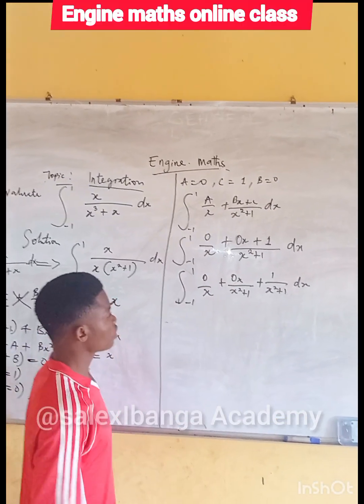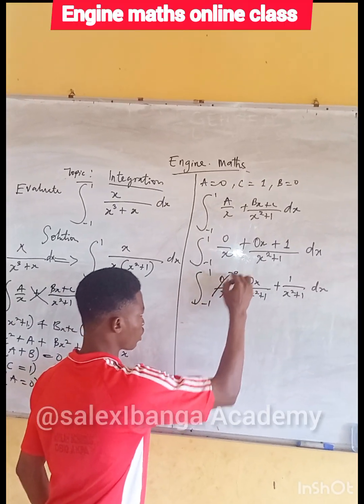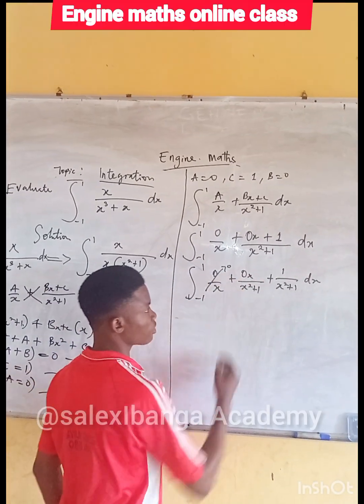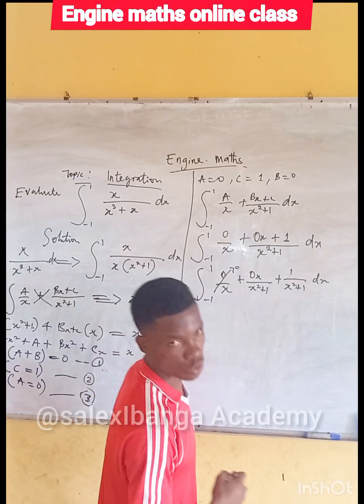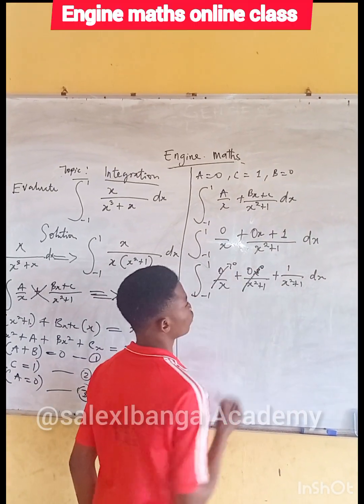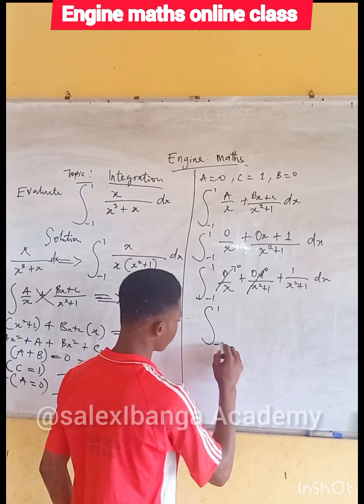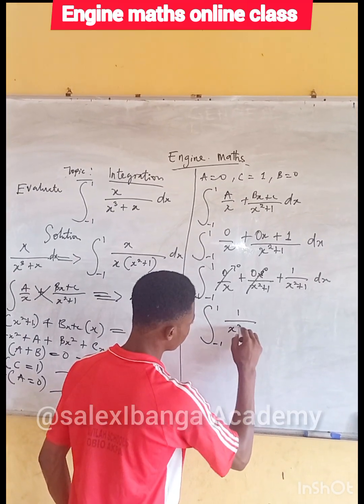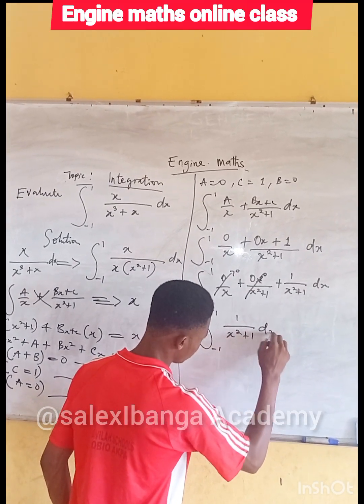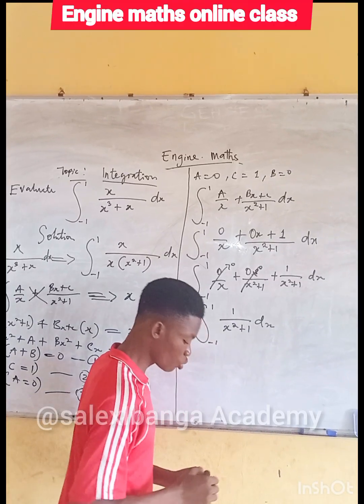Looking at this, 0 over x cancels out, this is 0. 0 times x is 0. 0 divided by the whole of this is also 0. So we end up having the integral from 1 to minus 1 of 1 over x squared plus 1 dx as our final solution.